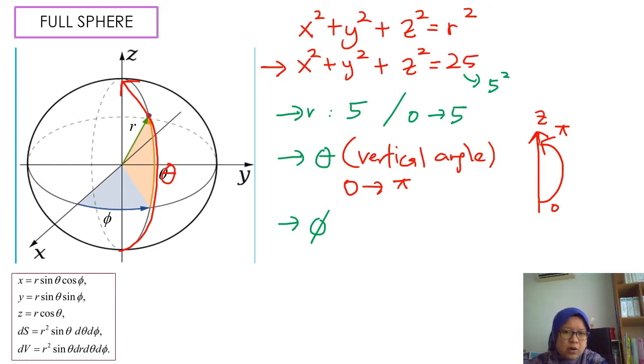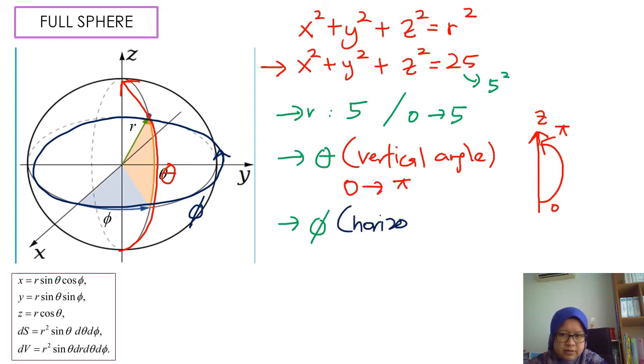Phi is the angle horizontally. This one. This is phi, the horizontal angle.